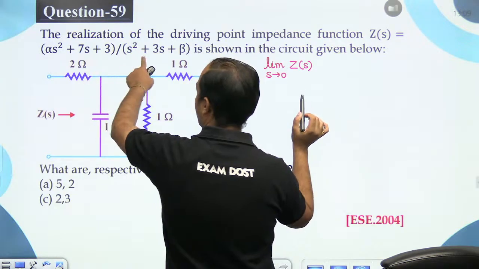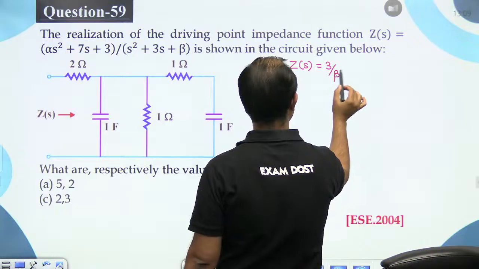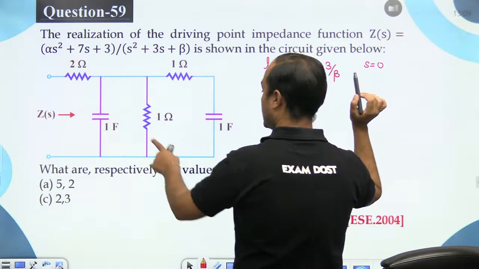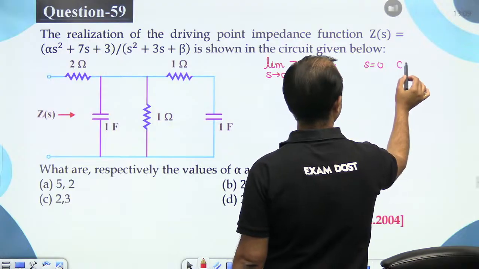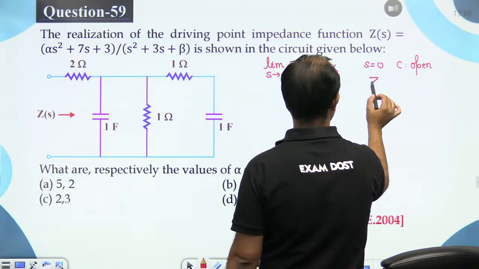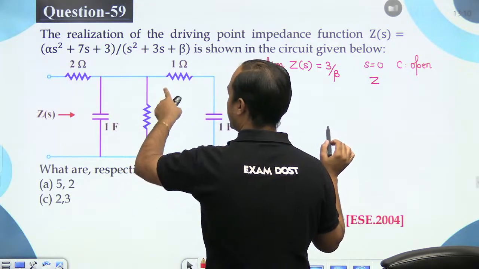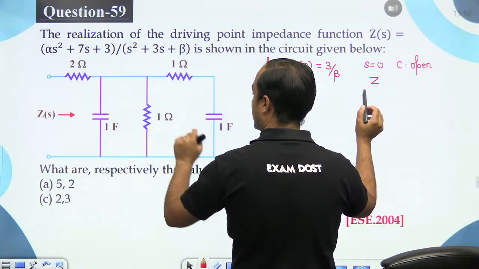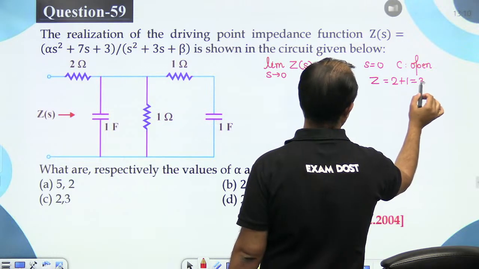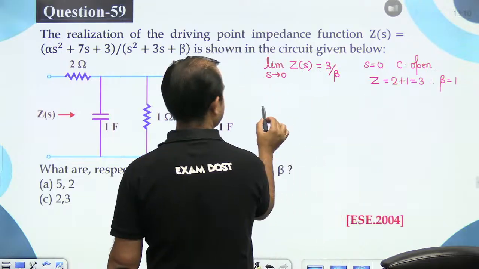If you put S equal to 0, it will be 3/beta. Now, S equal to 0 means we have capacitor. Capacitor will be open. So what will be Z if capacitor is open? 2 plus 1, that is 3. Therefore, beta is 1. दोनों कंपेयर कर लिया.